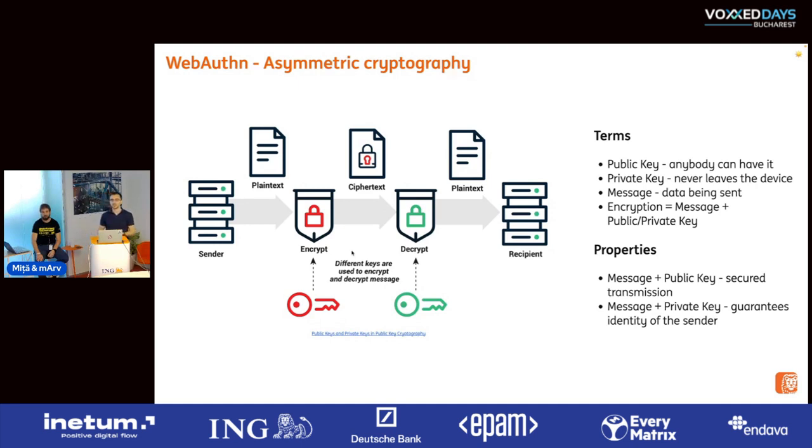But when you encrypt that message with the private key, anybody can decrypt it and understand the original message. But we still get something out of that. So we have the guarantee of the identity of the sender because only one having the private key can create such a valid message. And this is what's going to be used by web authentication to replace passwords.